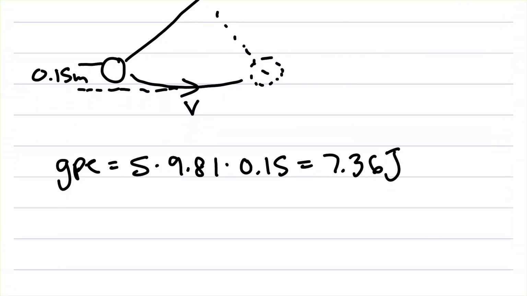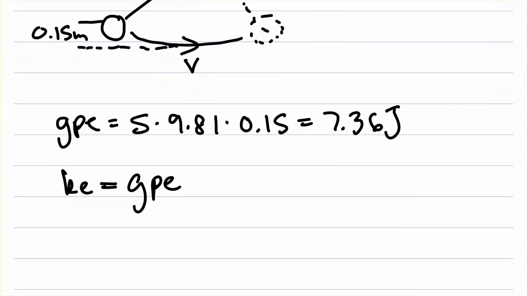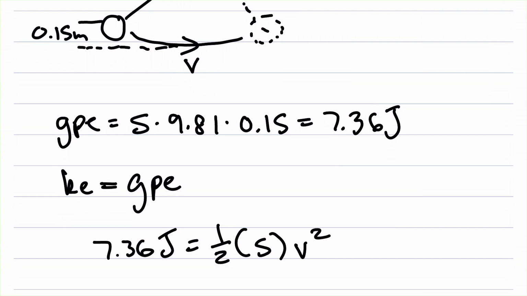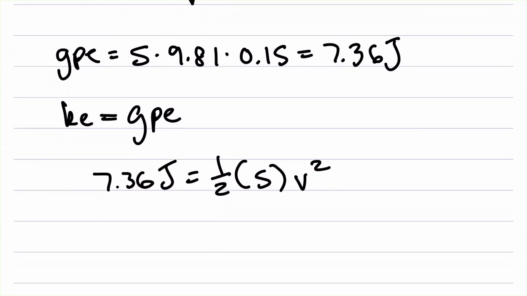Okay, and the kinetic energy at the bottom is going to be equal to gravitational potential energy because all of the gravitational potential energy changes to kinetic energy. So that means 7.36 joules is going to equal half times mass, which is 5 kgs, times velocity squared. So we can find our velocity that way.